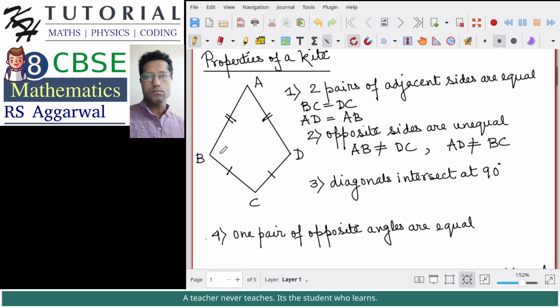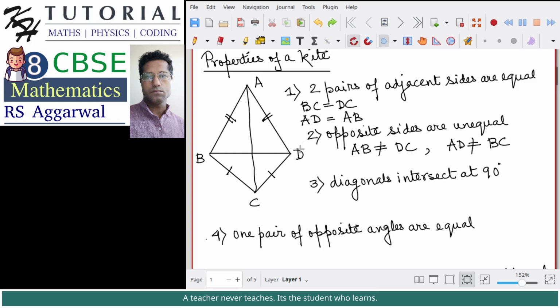So let's draw the diagonals. BD is one diagonal and AC is another diagonal. Even though the line is not straight, please consider that AC is a straight line.